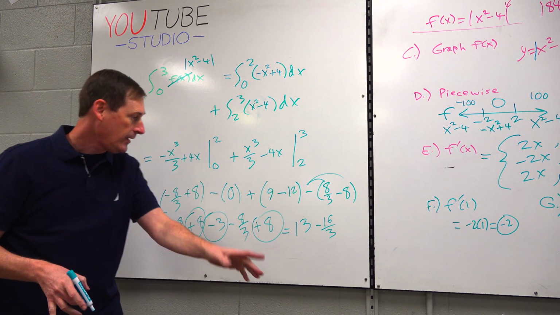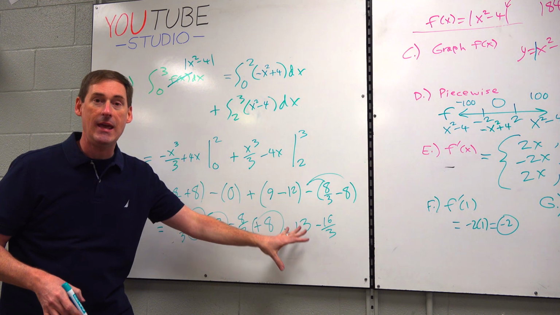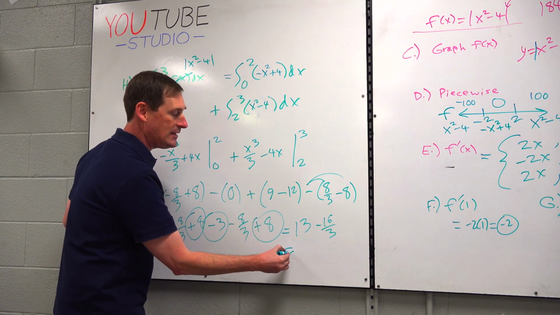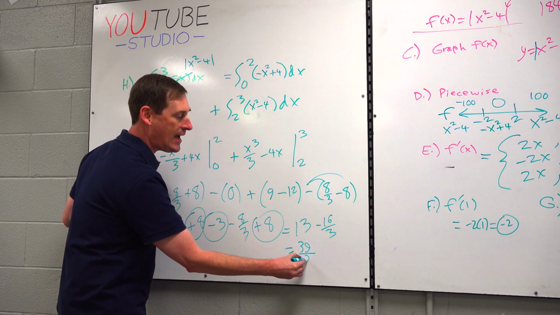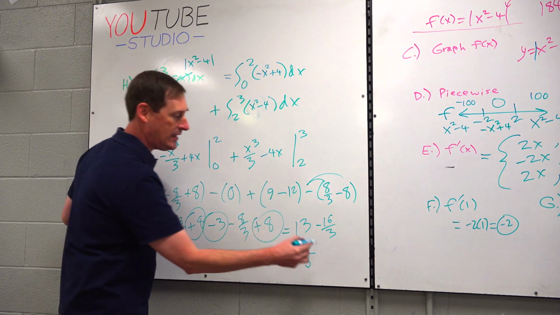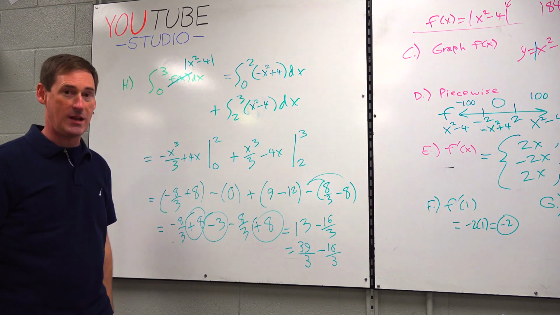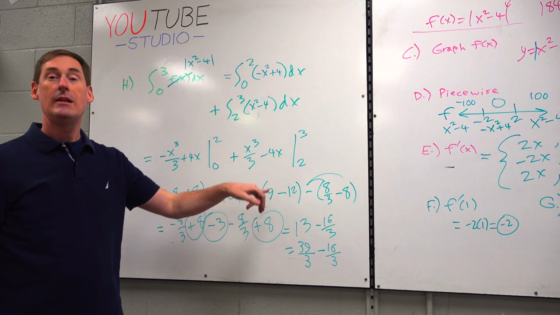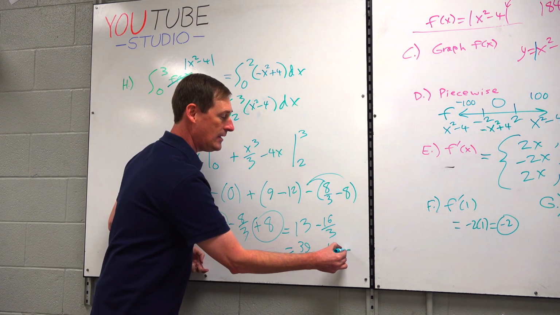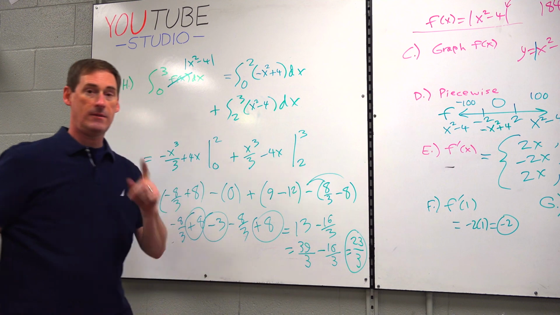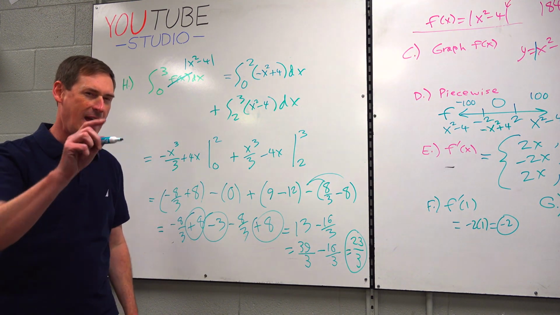You'll see it. Okay, now when you get to the end, now get a common denominator. 13 can be disguised as 39/3 minus 16/3. 39 take away 16 is 23/3. There's your answer. All right, it's all about technique.